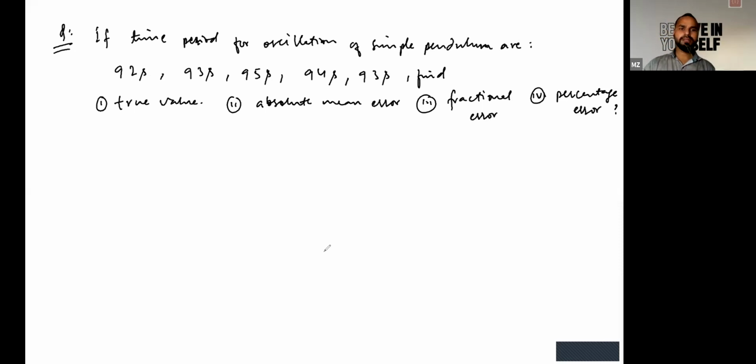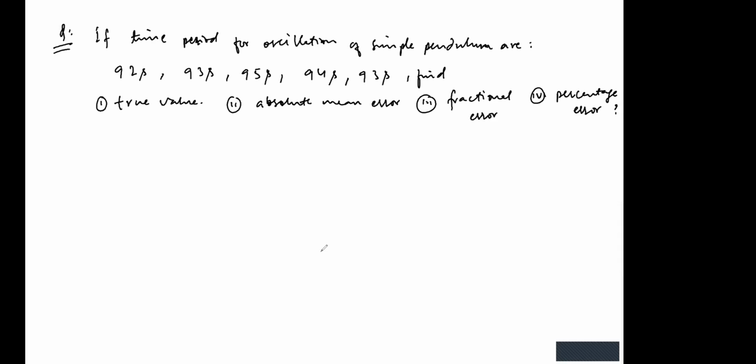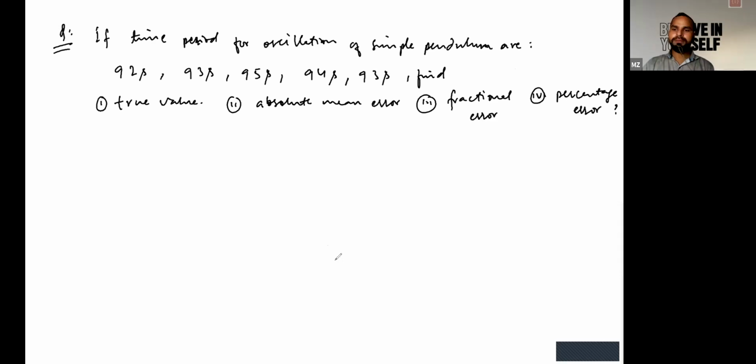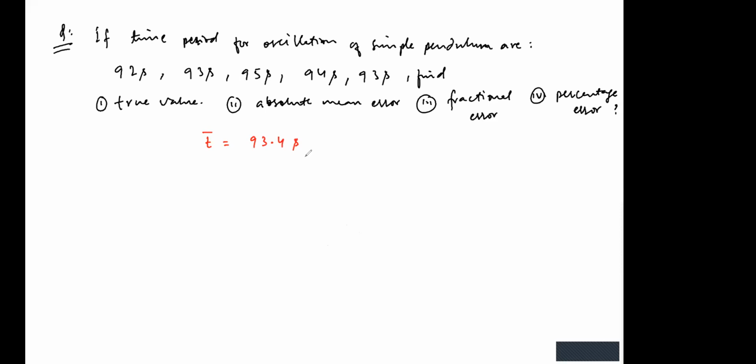If I just check your calculation, okay sir, good, and then so you'll get T bar is equal to 93.4 second. Okay, Fran? Yes, sir. Now I got it.